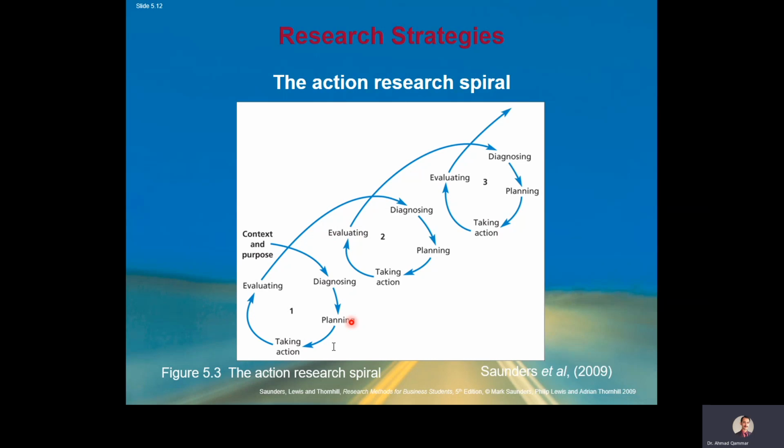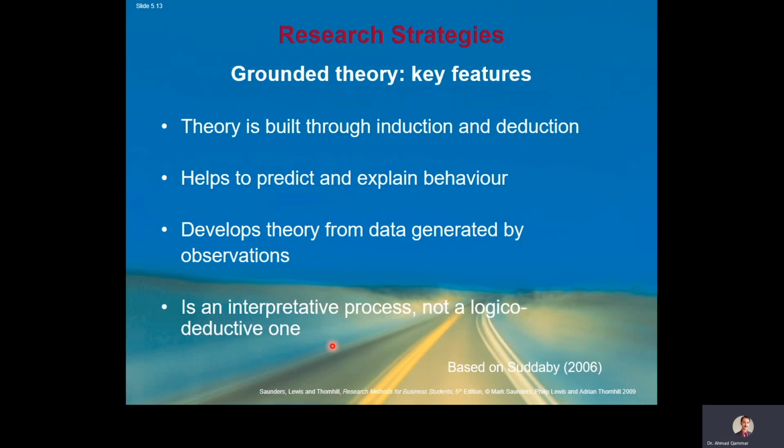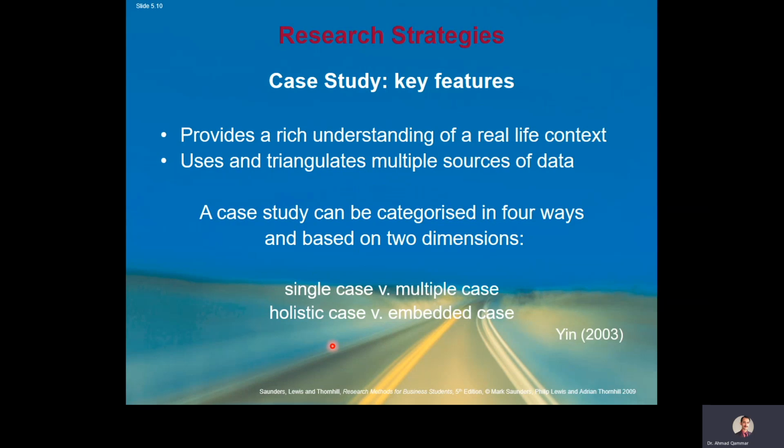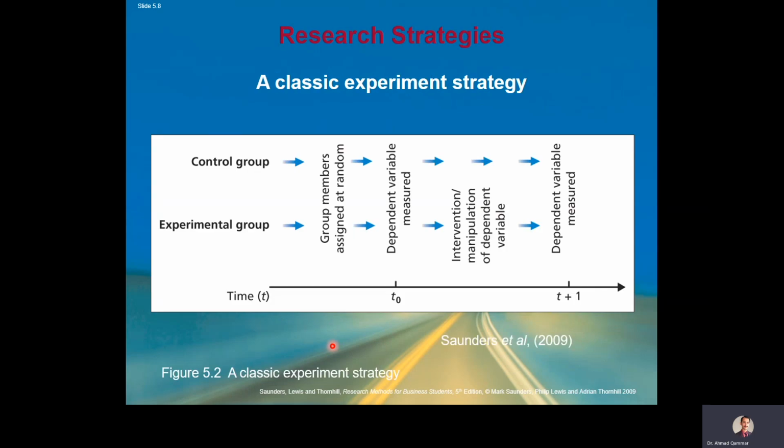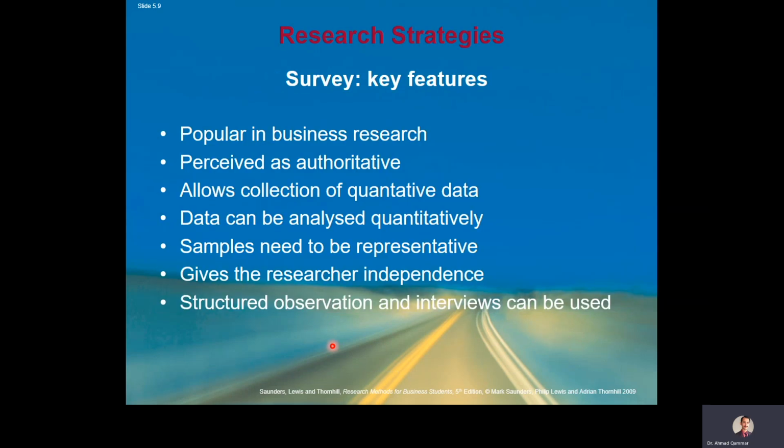Then comes the next one, grounded theory. What is grounded theory? So far, what we have seen: survey research, experimentation. What we do in the survey, we have hypotheses. We already have a theory.